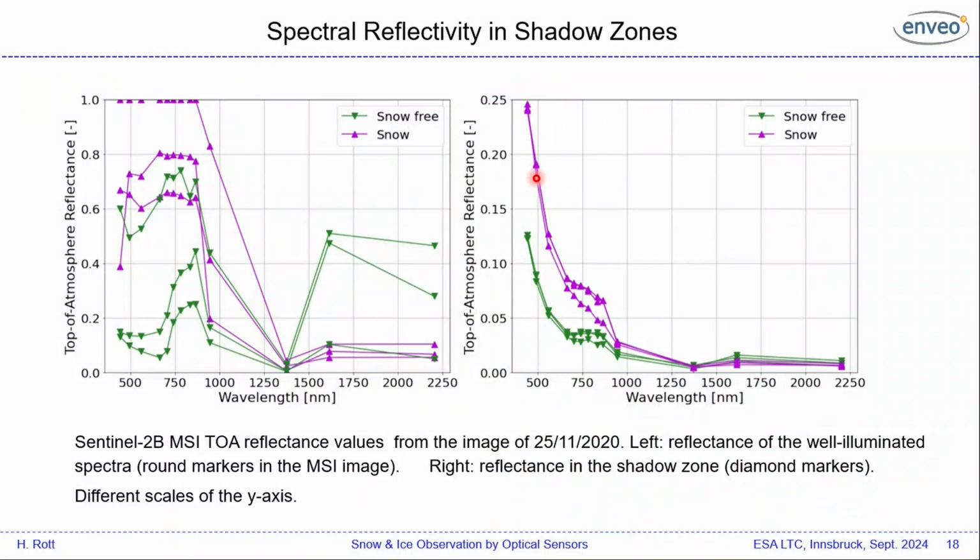It drops very much from this region where we have the diffuse irradiance, blue and green area. And this means that we cannot do appropriate spectral unmixing without separating these areas.